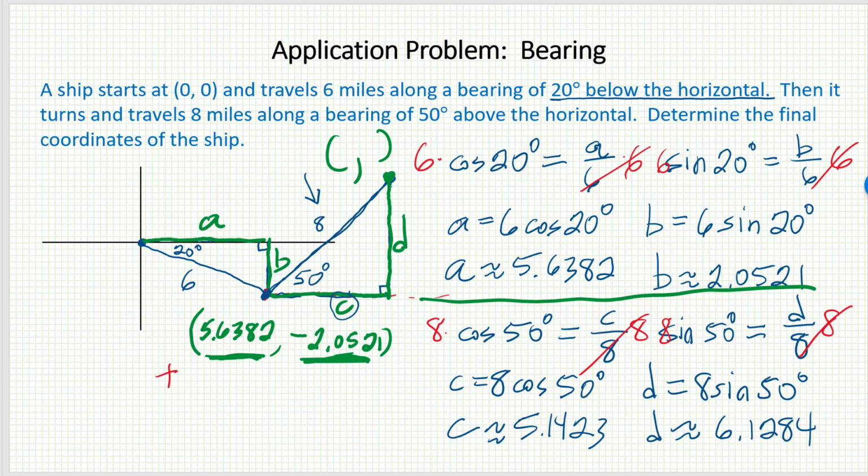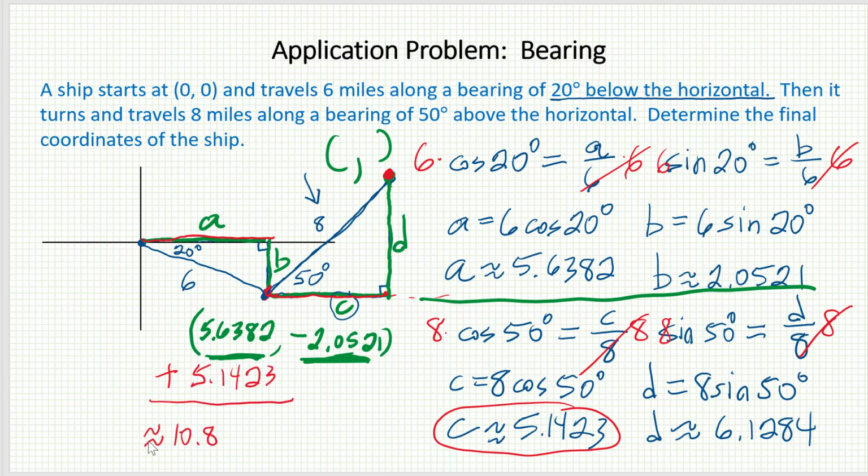All I have to do is add these distances onto my previous coordinates, and I'll know my final ending spot. This point here, I had traveled 5.6382 to the right, and then to get here, I would have to go to the right another 5.1423. When I add that and round to one decimal place, I get about 10.8.